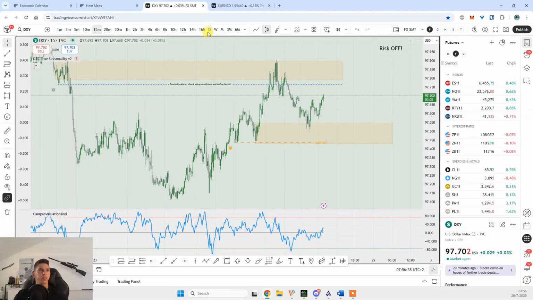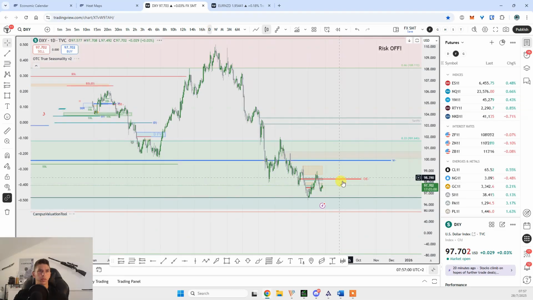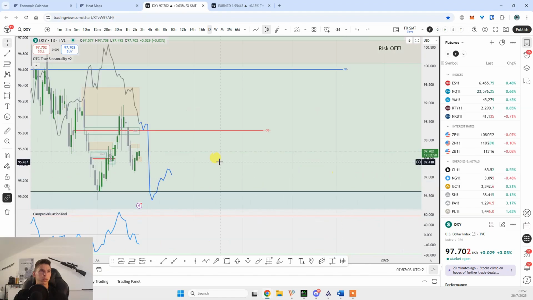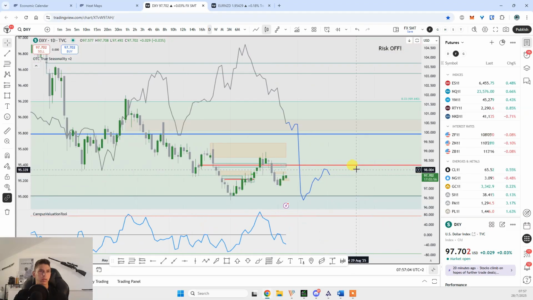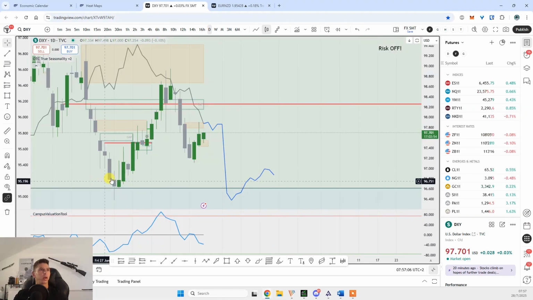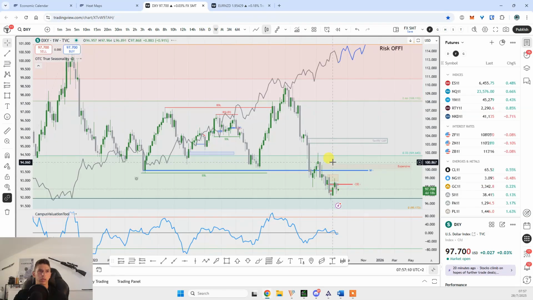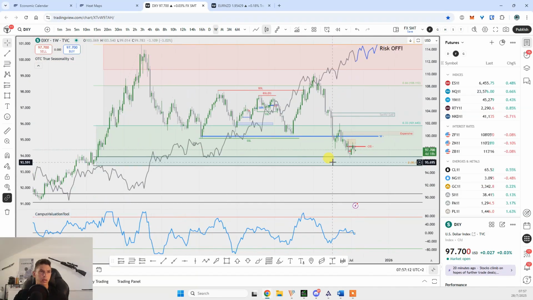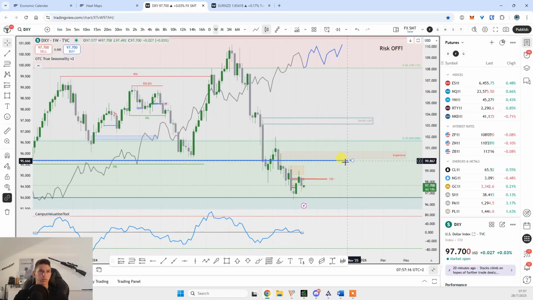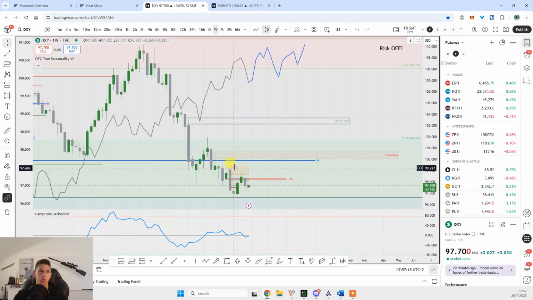But this is the 15-minute chart. Let's go up to the daily chart. Where are we? We are coming from, let's go to the weekly. So we had like, we're coming from a demand zone. But we've been doing lower lows, right?